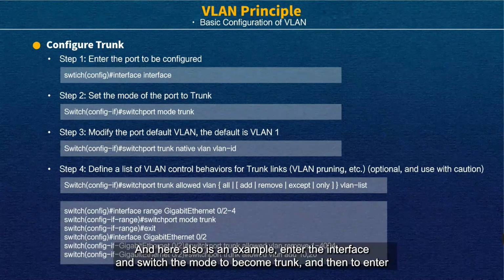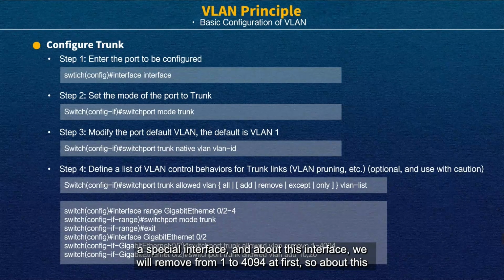And here is also an example. Enter the interface and switch it to become a trunk, and then enter a special command. On this interface, we will first remove VLAN 1 to 4094.